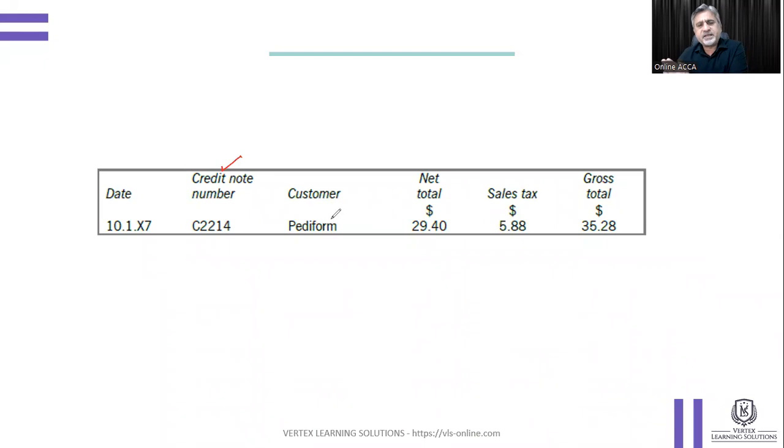Rest of the things are the same. So when I say that it is a credit note, it means that this will be subtracted from my net sales. This will be subtracted from my sales tax. This will be subtracted from my gross sales on this date, 10th of January. Okay. So this is the sales day book and your sales return.